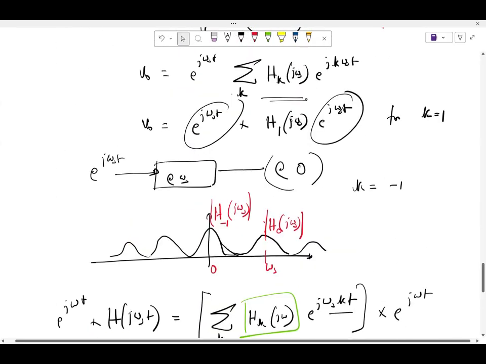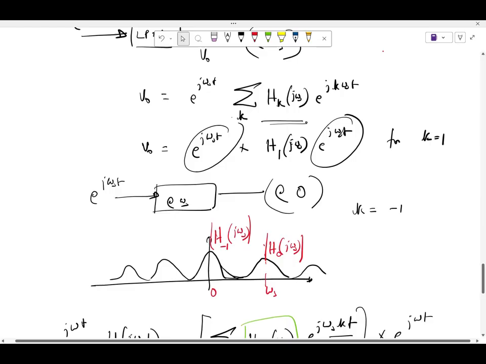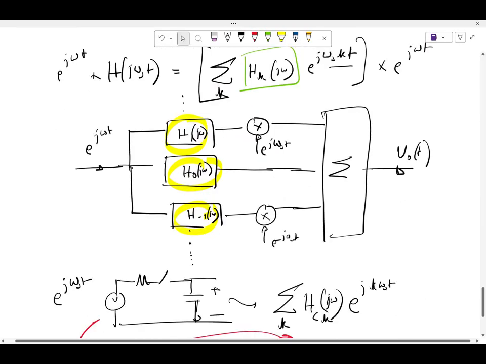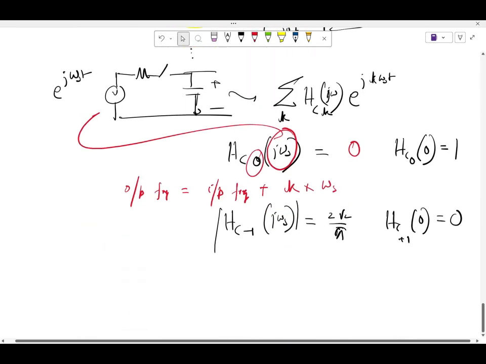The other thing that you need to understand is, the voltage across the capacitor only exists around DC, but the voltage at this node will have multiple sidebands, among which the 0th sideband, the one at omega s, is basically the upconverted version of the capacitor voltage at omega s, right?